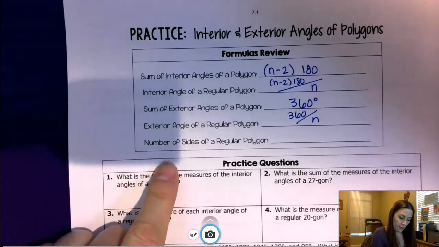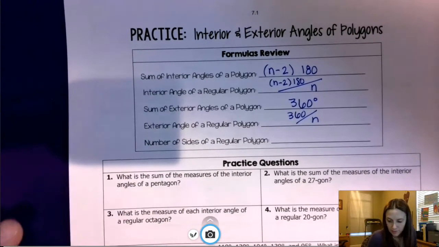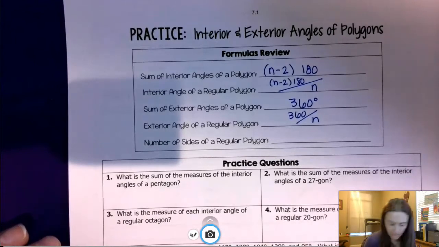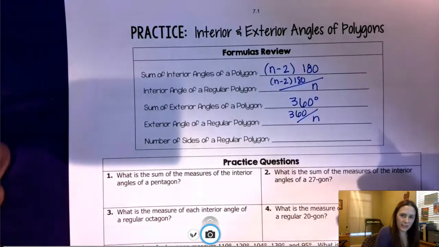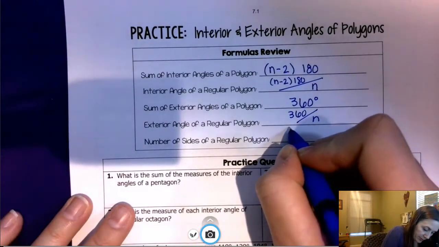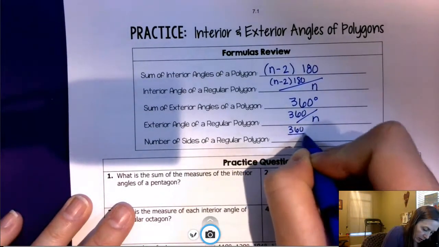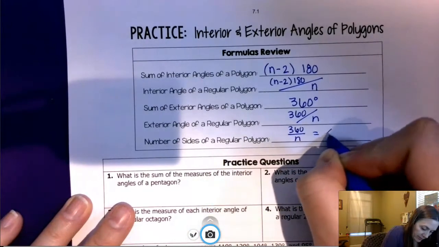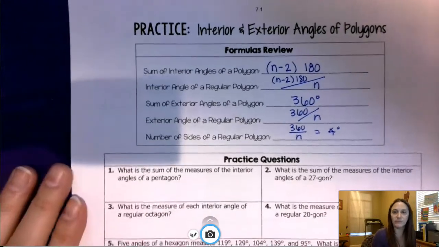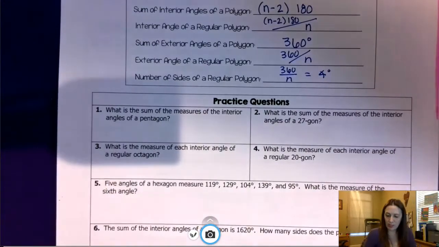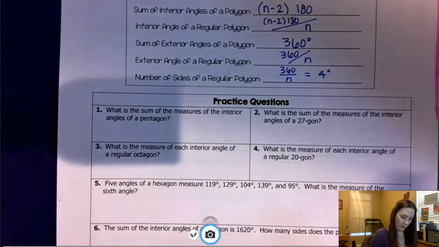If I want the number of sides of a regular polygon, I set up the equation 360 over n equals the angle each time, and I would work that equation backwards. So we're going to do a few of these, not all of them, but go through.